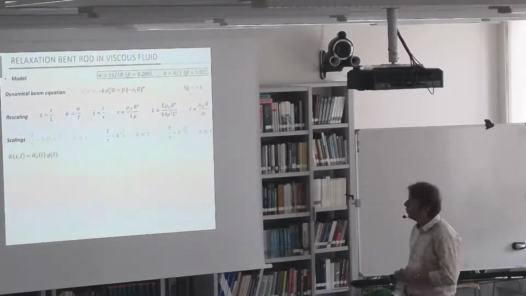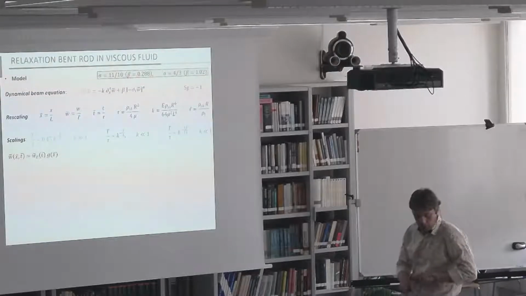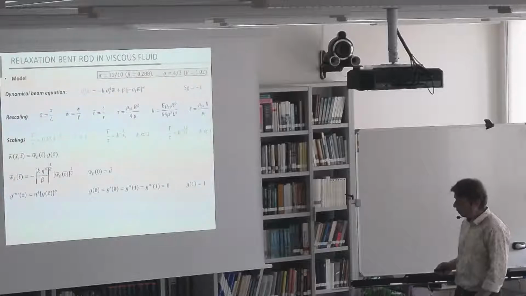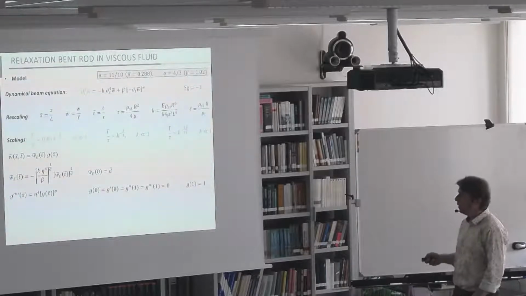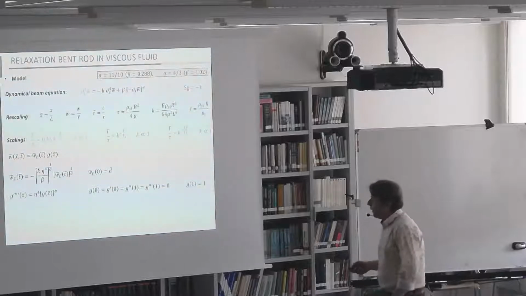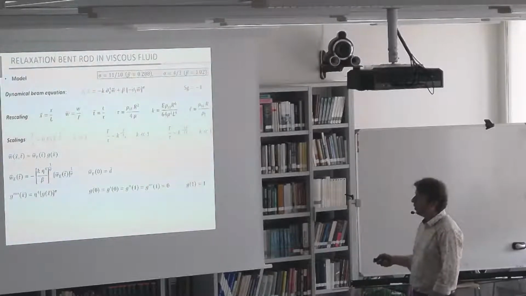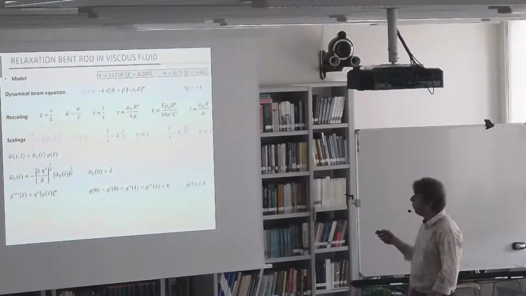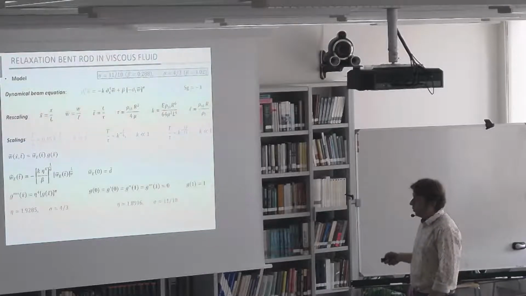So now again, to solve this, you use separation of variables. You get two ODEs, they are non-linear. Eta is the separation constant. And now this non-linear eigenvalue problem, you can solve it numerically for the two values of sigma. And you get this value, okay?